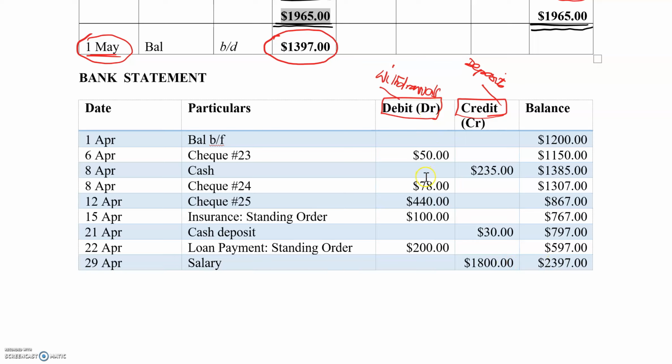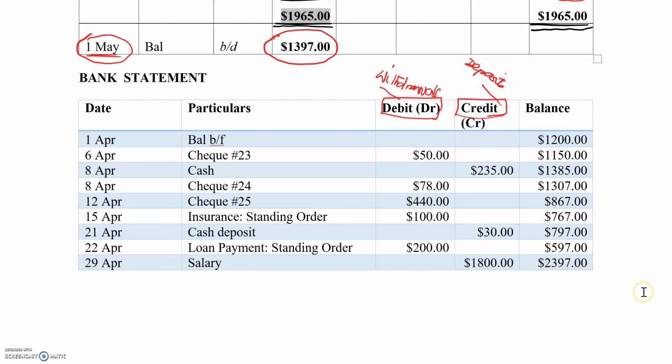So all the debits are deducted from the balance while all the credits are added to the balance. So for example, we have here $1,200, a withdrawal of $50, so our balance is now $1,150. $1,150 with a credit or an increase or a deposit of $235, and our balance is now $1,385, and so on and so forth.